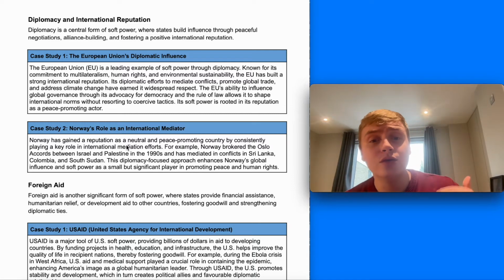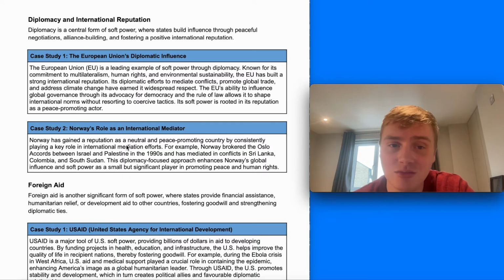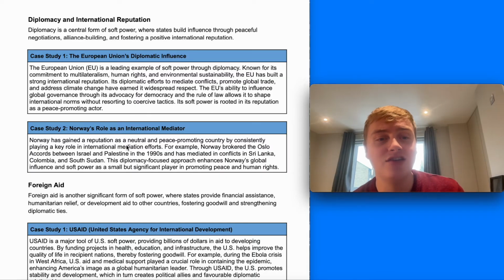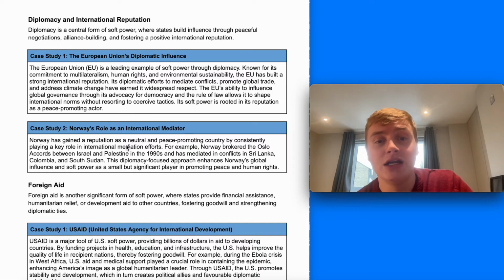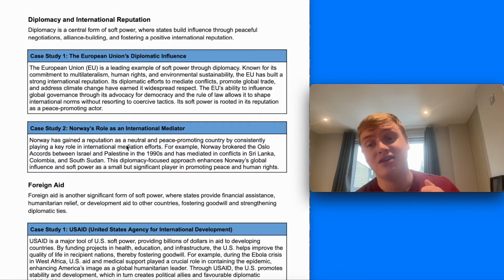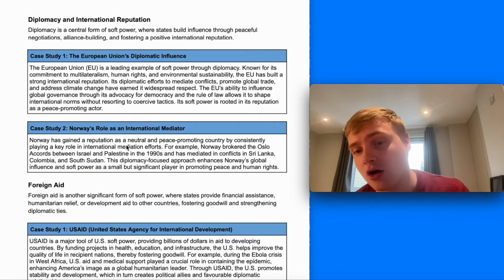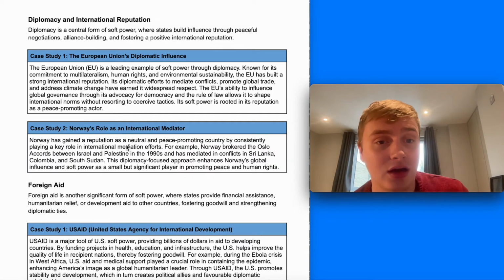So the EU is really known now as the only remaining big global power, as having a real commitment to multilateralism, human rights, and environmental sustainability. It's built a strong international reputation in this, including through its own actions and commitment to these goals, not only through being the biggest global provider of development aid, but also through quite ambitious internal environmental policies aimed at reducing its carbon emissions.